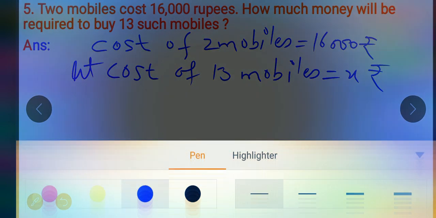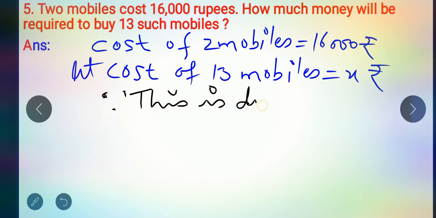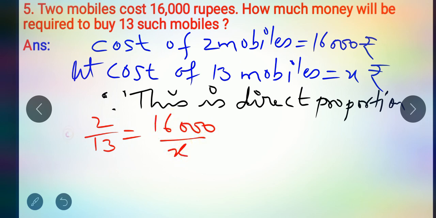Now since this is an example of direct proportion, we'll get the ratio equal, students. We'll write the ratio 2 upon 13 is equal to 16,000 upon x, and we'll do cross multiplication now, students. 2 into x, 2x is equal to 13 into 16,000.